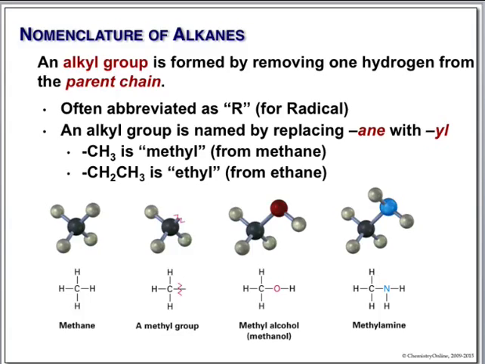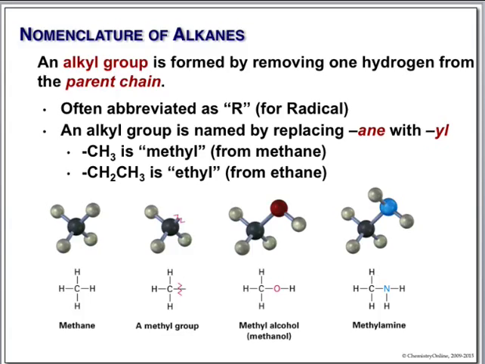Remember, 1 in organic is meth, so we call this a methyl group. Instead of the -ane on the end, we put a -yl to show that it's a branch on something. This is a general nomenclature that you use a lot in organic chemistry. It's methane; here's our methyl group, so it's attached to something else.